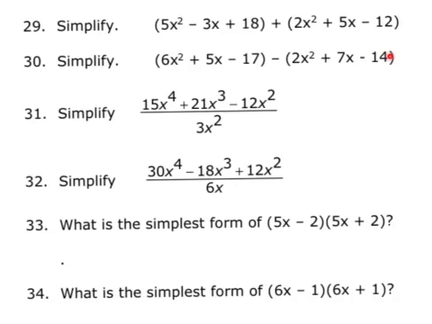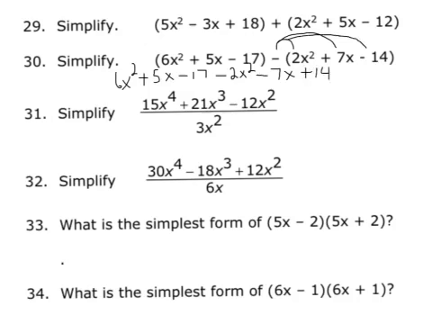So I'll rewrite the problem as 6x squared plus 5x minus 17. So the first part did not change, that first trinomial did not change. And then we have minus 2x squared, because we're going to distribute that negative to each piece. And then this is going to change to minus 7x. And this is going to change to plus 14.